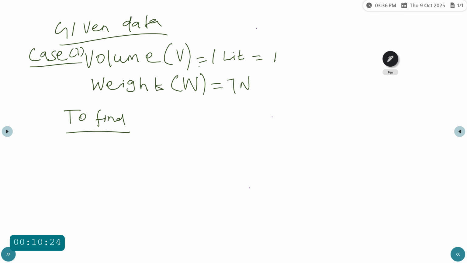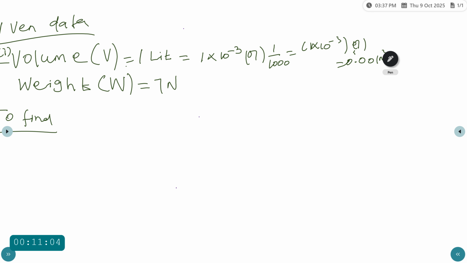We should convert it into meter cube. 1 liter equals 1 by 1000 meter cube, or 1 into 10 power minus 3 meter cube. The answer is 0.001 meter cube.